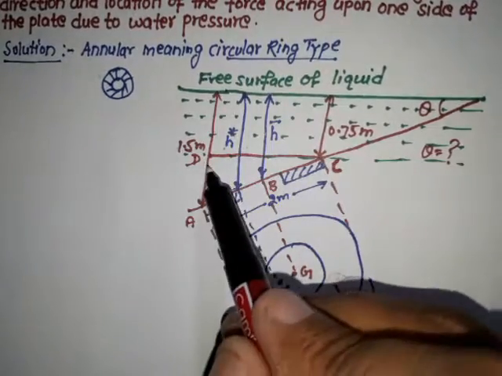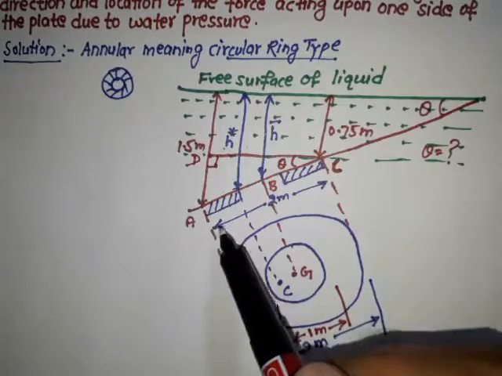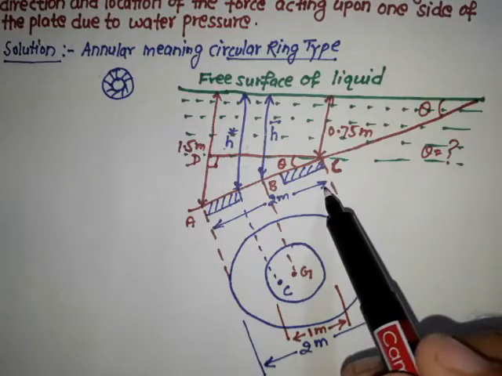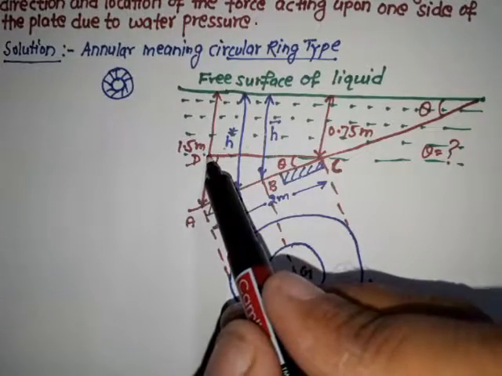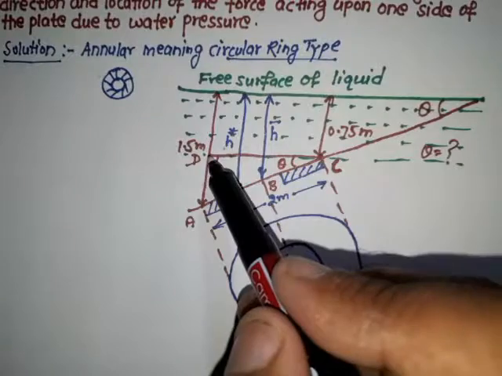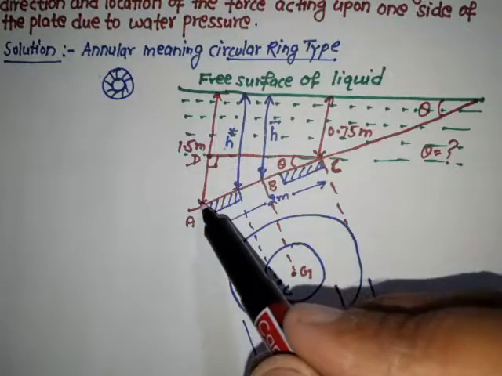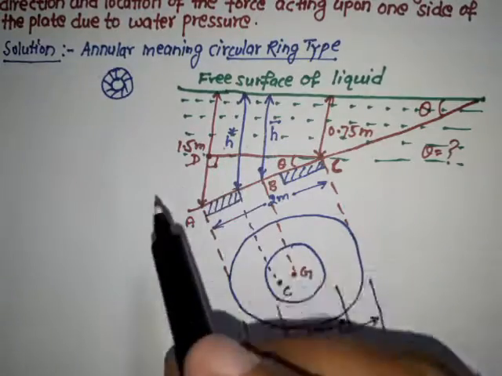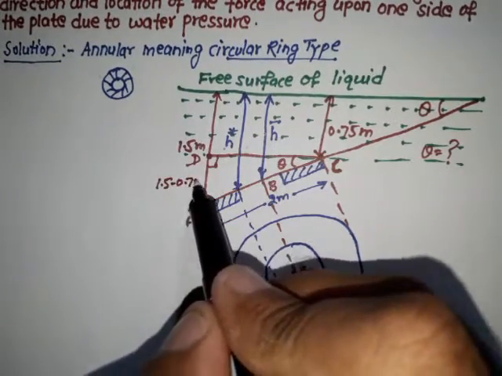This is a right angle triangle, this is angle 90 and this is angle theta. And AC is 2 meter. The distance A to D: this is 0.75 and this is 0.75, and the total distance is 1.5 meter, so AD equals 1.5 minus 0.75.